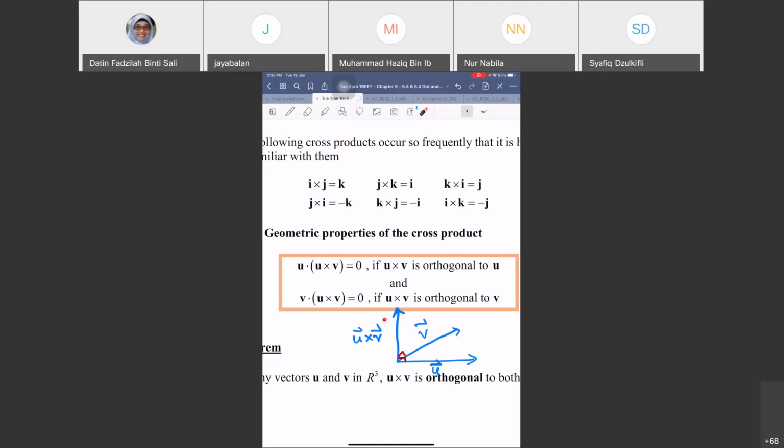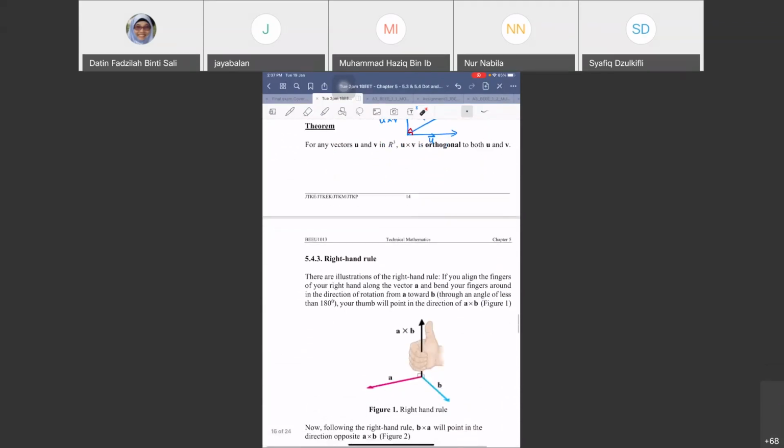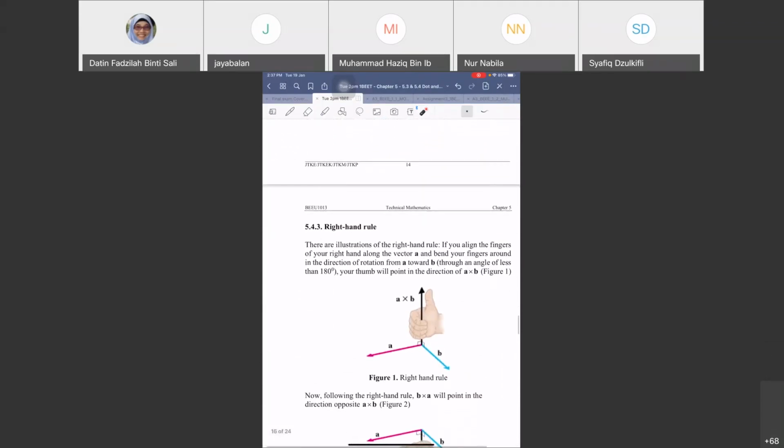Similarly, if you dot u cross v with vector u, you will see it equals 0, because u cross v is orthogonal to both u and v. So the dot product between u cross v and v, as well as the dot product of u cross v and u, equals 0. That is a similar concept from the dot product.